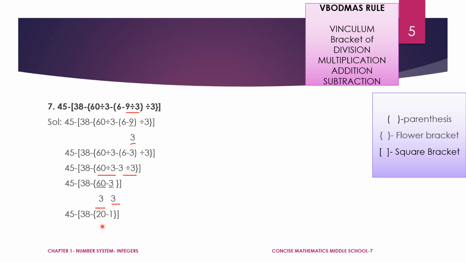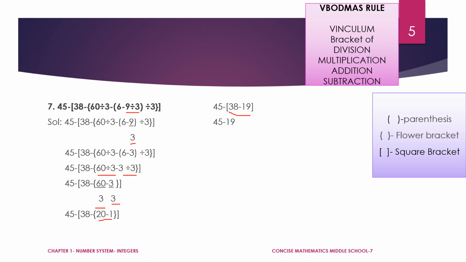Right? Now inside this flower braces you have 20 minus 1, so you have to solve only this part. So what you get is 45 minus 38 minus 19. Now 38 minus 19 becomes 19. I solved only this because there is no other option for us. Only the square bracket is left over.